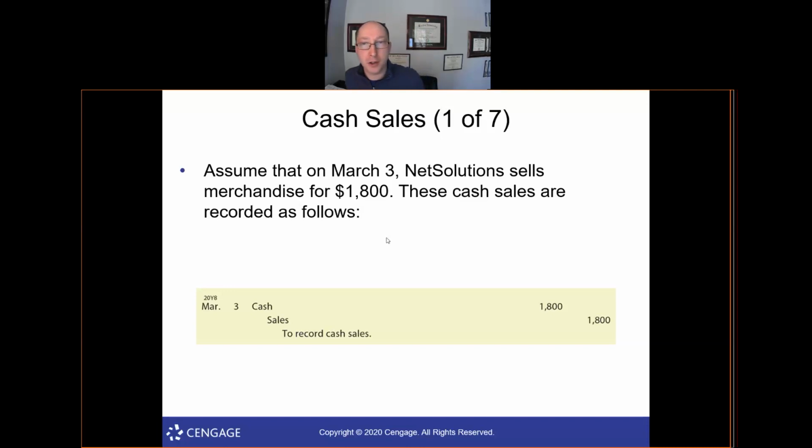Okay. March 3rd, our company sold $1,800 worth of merchandise. So here's the transaction. We debit cash because we're receiving $1,800 in cash, and we're crediting sales $1,800. When we credit sales, we're increasing sales. When we debit cash, we're increasing cash.